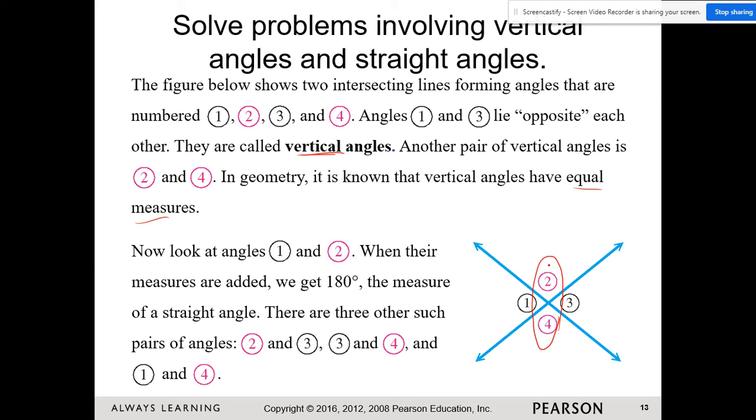Okay, so 2 and 4 would have the same measure, and 3 and 1 would also have the same measure. Straight angles, also called supplementary angles, would have, like 2 and 3, for example, they would add up to 180 degrees.